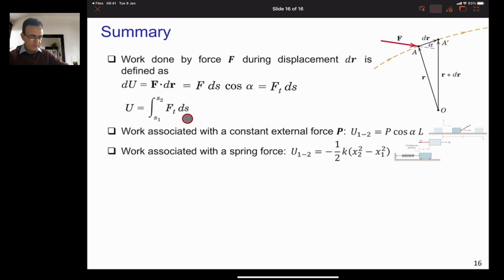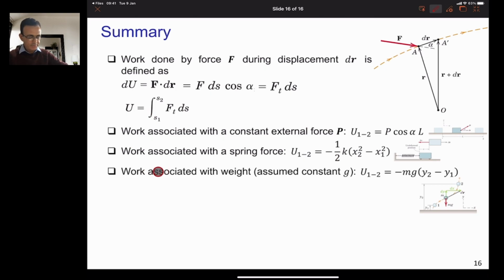Similarly, we also derived the equation for the work of the spring force. When you move the spring from position x1 to x2, you can derive this equation, which is minus half k (x2 square minus x1 square). And again, it's negative because you are working against the spring force.